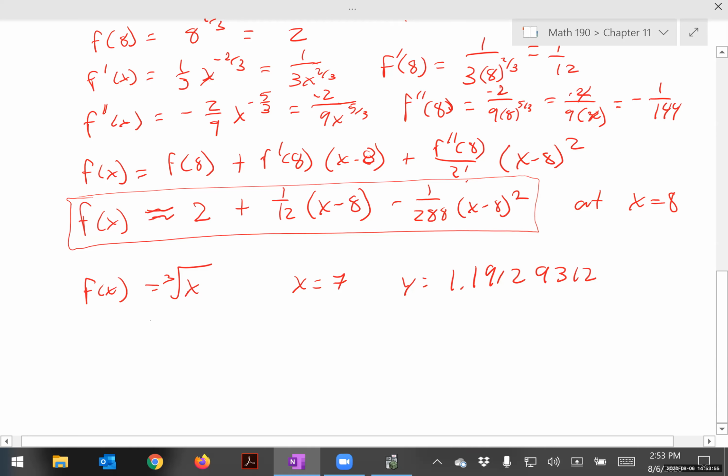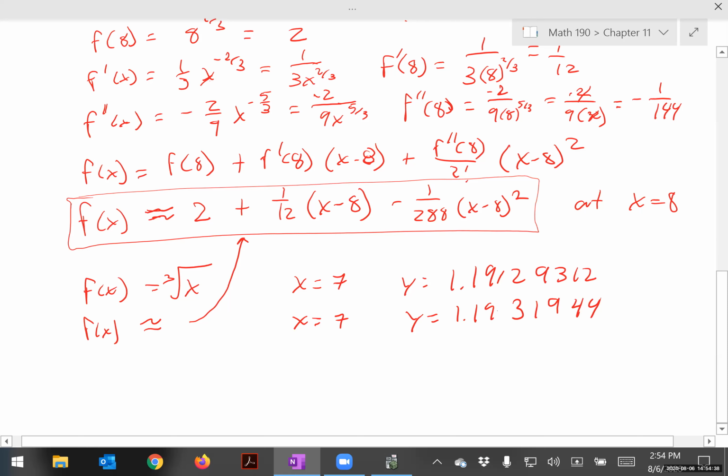But when f of x was equal to our approximation, which is the thing I'm calling C above, then f of x is approximately, at x equals 7, y was equal to 1.91931944.